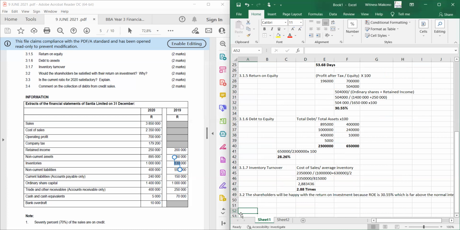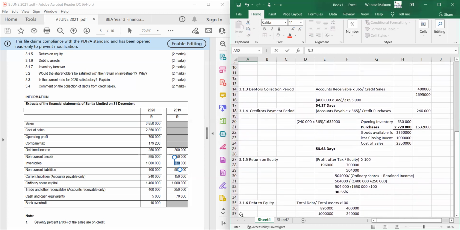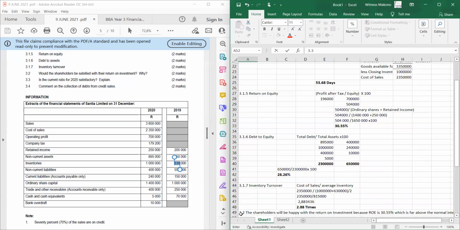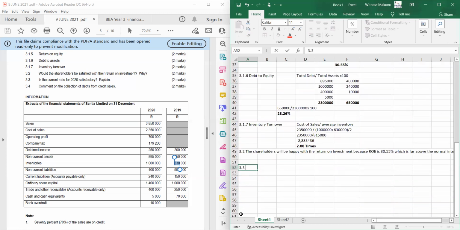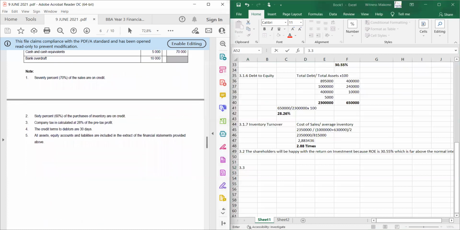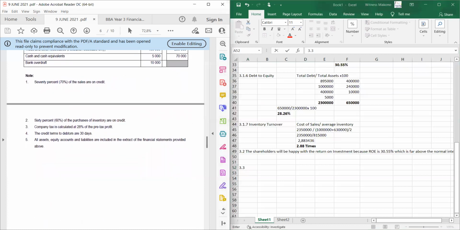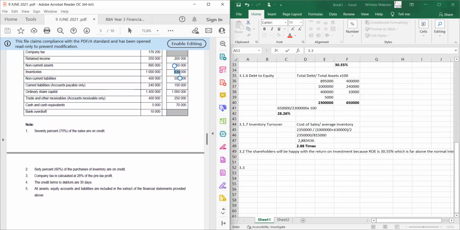Right, 3.3. They say, is the current ratio for 2020 satisfactory? The current ratio is 5.62. The current ratio is current assets divided by current liabilities.